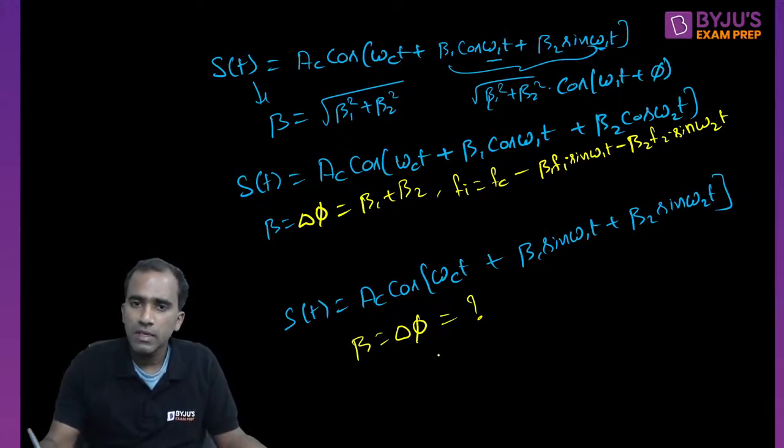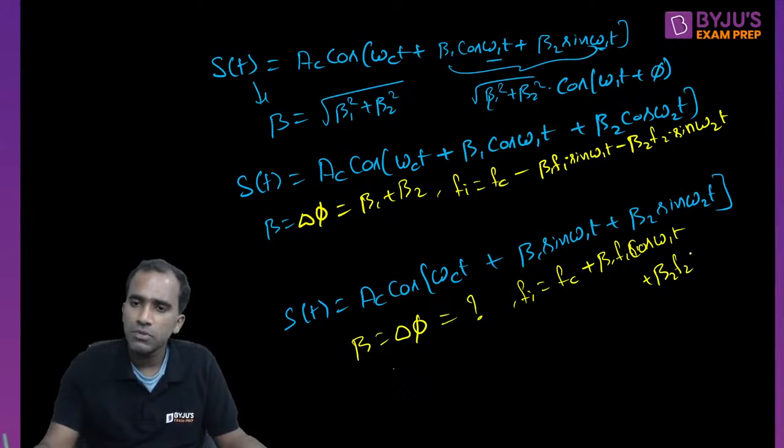Here also, let us find the instantaneous frequency. It is 1 by 2 pi into the differentiation of this total angle. Fc plus, differentiation of sine is cos: beta 1 f1 cos omega 1t plus beta 2 f2 cos omega 2t.